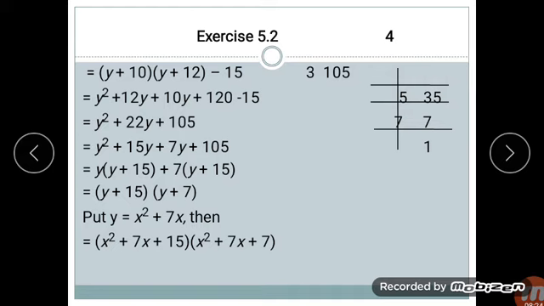As 105 is a big number, you shift towards the bigger numbers, so that by multiplication you get 105, and by addition you get 22. So the factors can be 15 and 7. 15 plus 7 will be 22, and if you multiply 15 with 7 you will get 105.